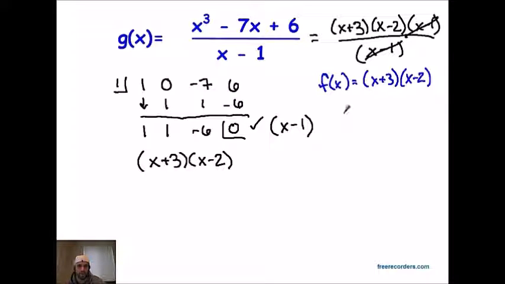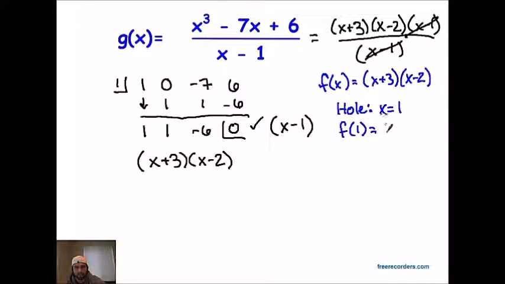So let's go find the same things we want. In this case, we don't have a vertical asymptote, we have a hole. Okay, so my hole is going to occur at x equals 1. And so what's important for that is we should go ahead and find f of 1 so we know where the actual hole occurs.